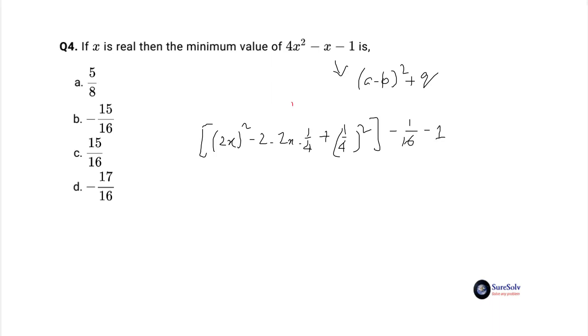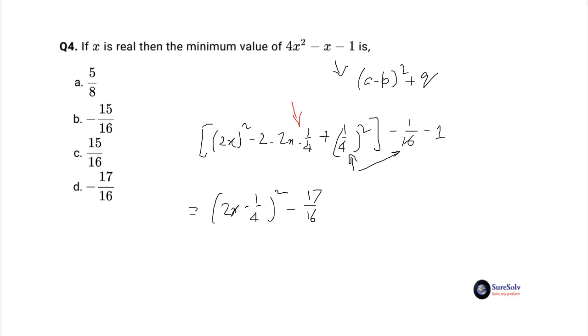To keep the middle term minus x unchanged, we got the value 1 by 4 of the second term of the square of sum. Square of this 1 by 4 is 1 by 16 and this is an extra term. Minus 1 by 16 is added to compensate it. The final converted expression is (2x minus 1 by 4) whole square minus 17 by 16. This is the form of converted target expression we wanted.